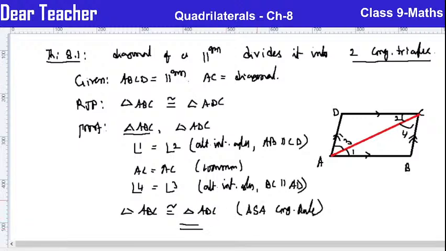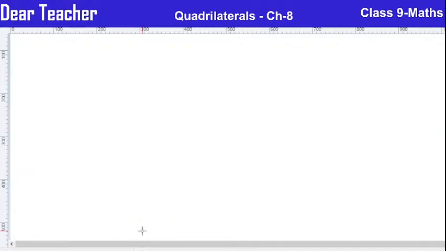This is the 8.1 theorem. It may come for a 2 marks question. All of you should have a note of it, right? Now let us go to another concept.